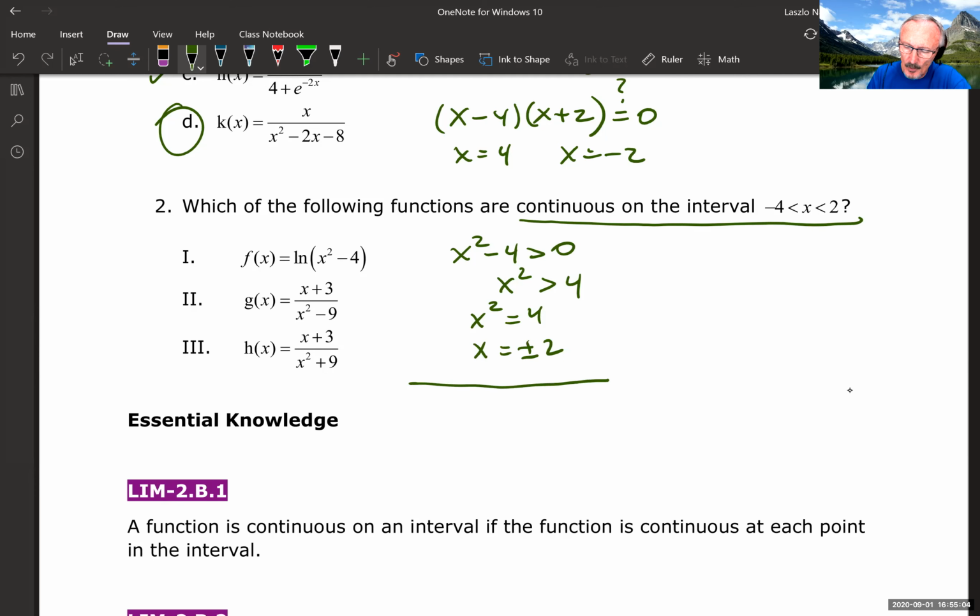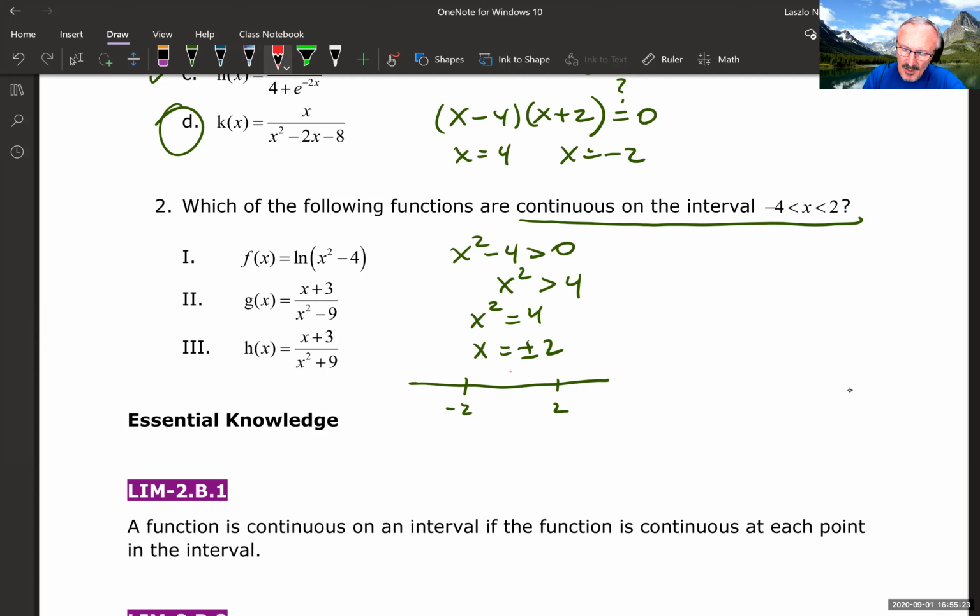These are our critical numbers on our number line, and they subdivide the number line into 3 parts. Using test points, we're able to determine where x squared minus 4 would be positive. What would be good test points to use?